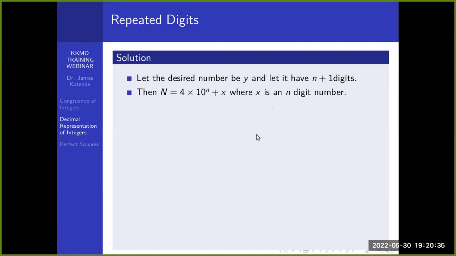You can write this as 4 times 10 raised to 3, and then you take this number as your x, plus 231. So it's the same thing we're doing here. So you see in this case our x is 231. It's a 3-digit number, 1 digit less than the total number of digits in y, the number we are looking for.